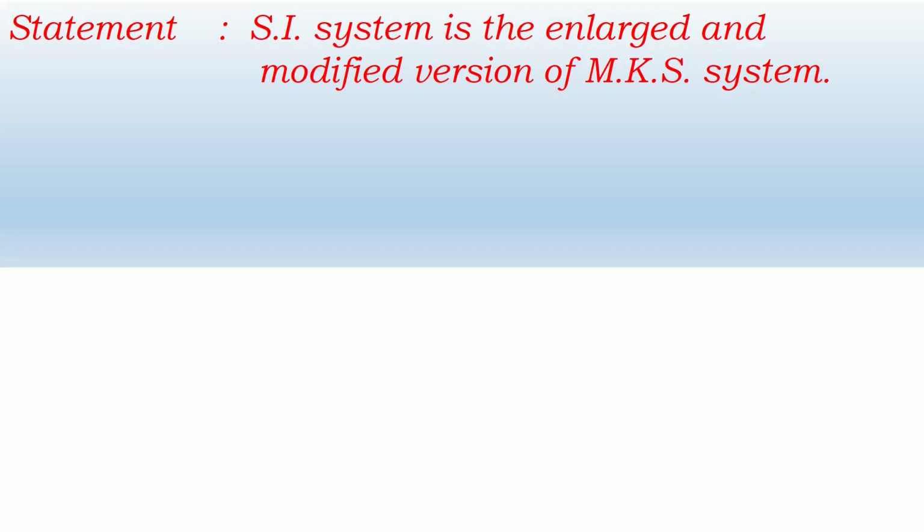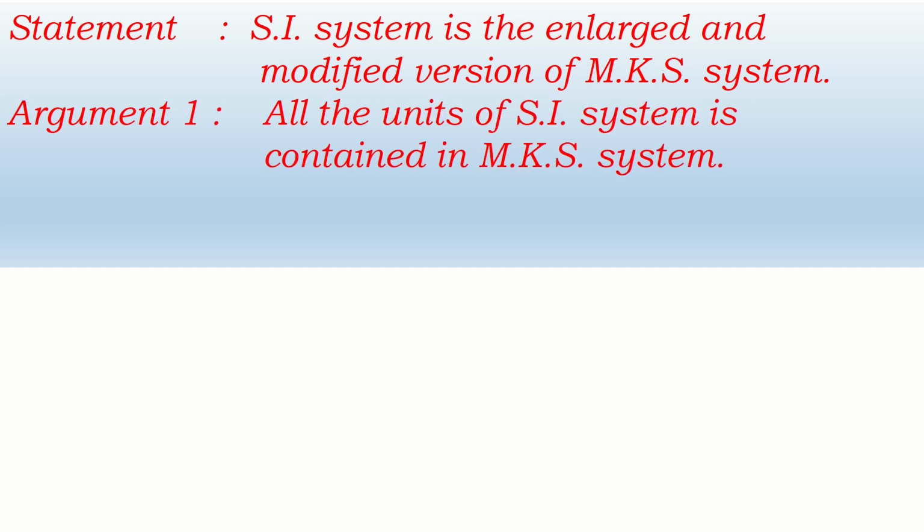Now let's go through another question also. Statement: SI system is the enlarged and modified version of MKS system. Just think about this. Is this statement correct or not? And argument 1 is written: all the units of SI system are contained in MKS system. Is this correct? Just think about this.